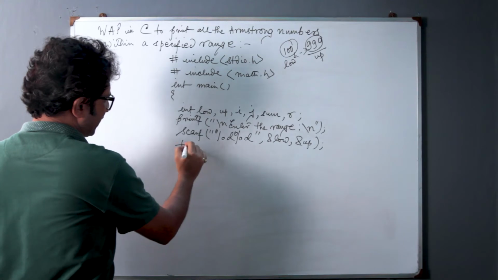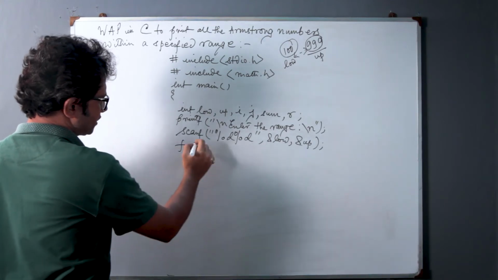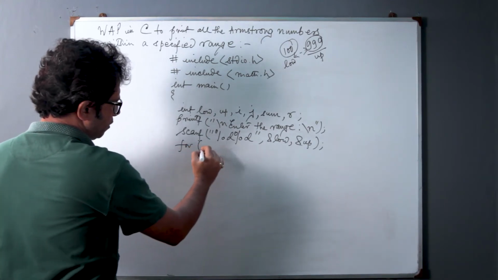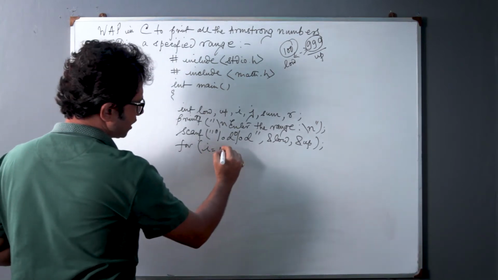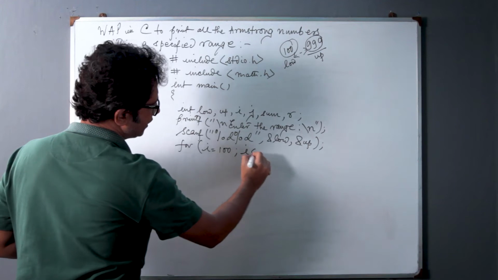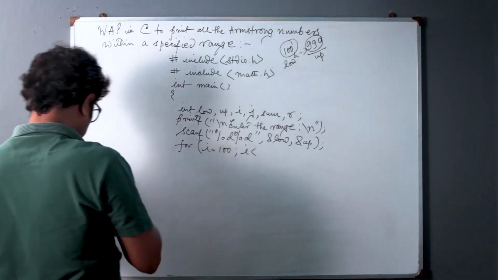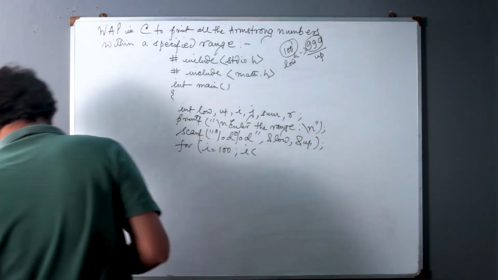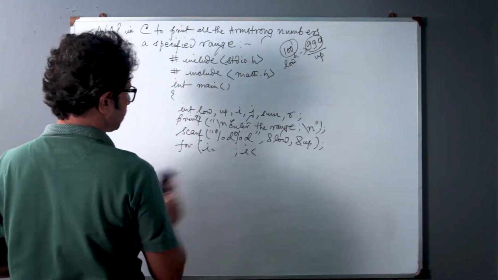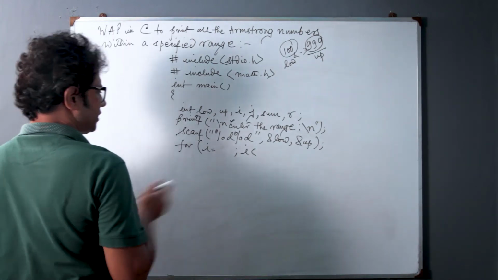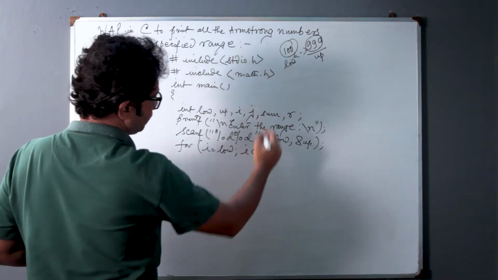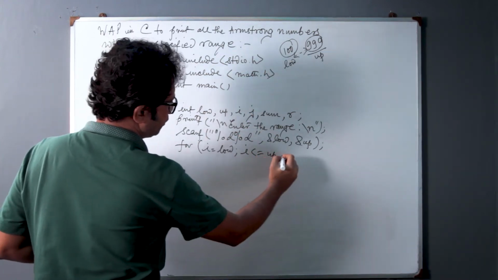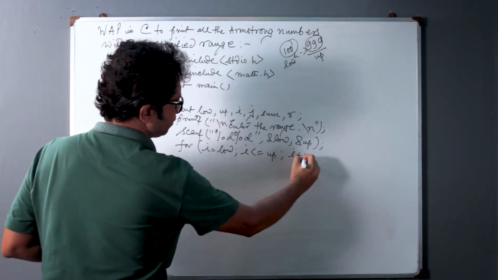That can be taken as a for loop for the sake of simplicity. For i equal to the lower range, that is starting from 100, we will not write 100 because we have assumed it; we will just write low here. i less than or equal to up, i plus plus.